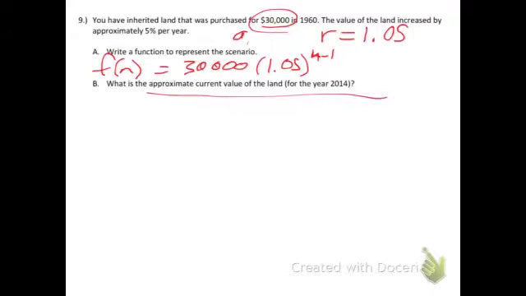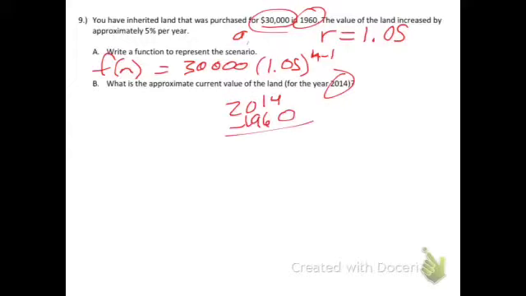Find the approximate current value of the land, assuming it is 2014. Well, we got to figure out real quick how many years that is. And that's a process of, well, 2014 minus 1960 is going to give you, a little bit of borrowing, 54 years.